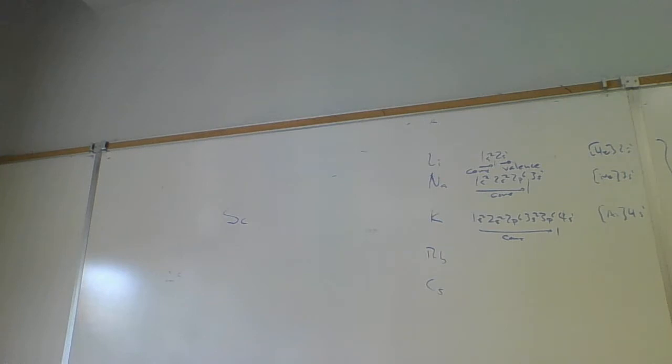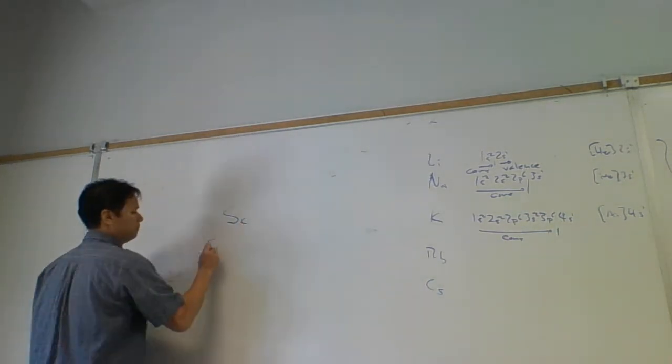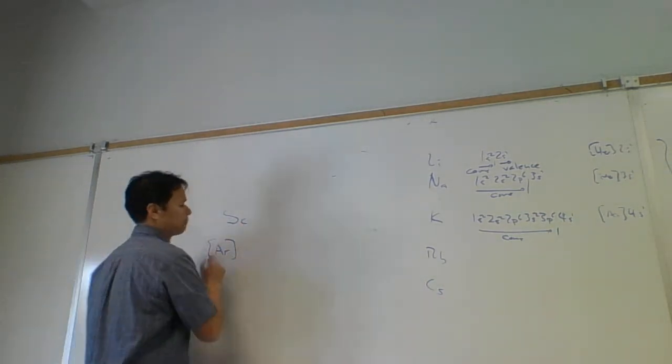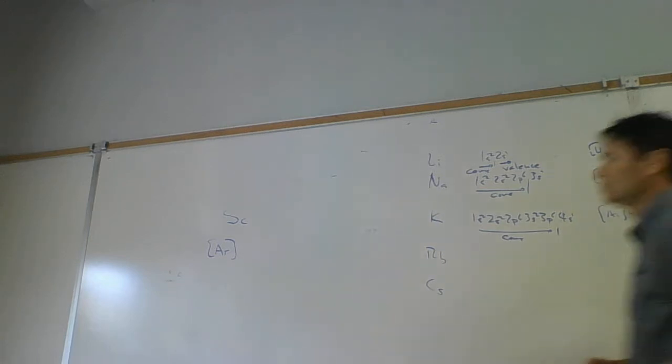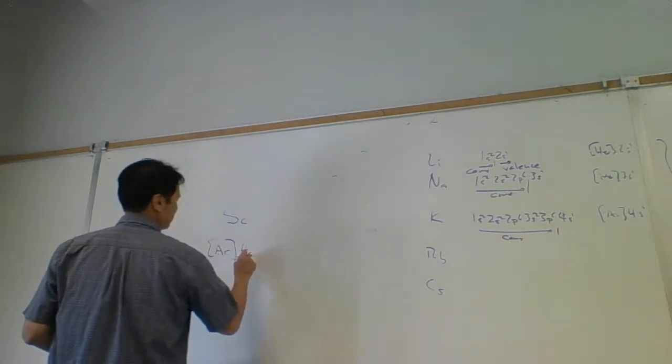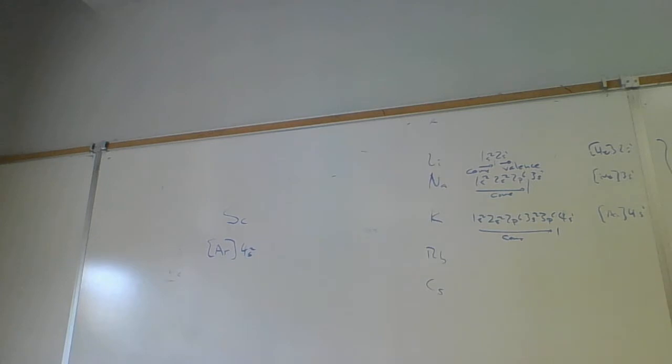With scandium, we work backwards. Let's start off with argon, since I don't want to write all that out. Then we go 1, 2, 3, 4. So this would be 4s1, 4s2. It would be argon, 4s2, and then 3d1.